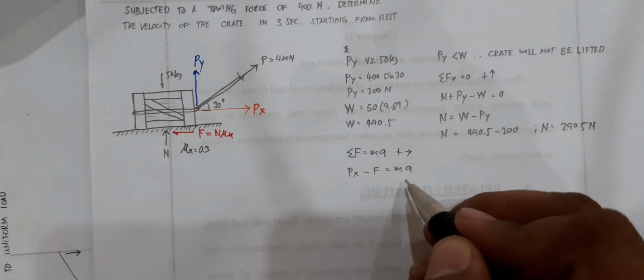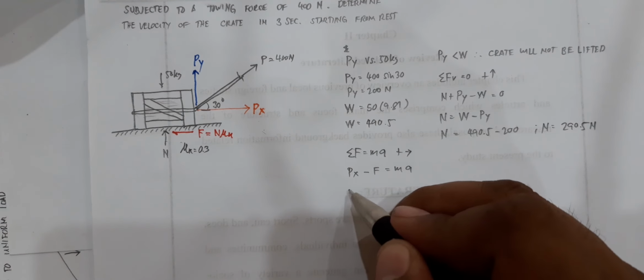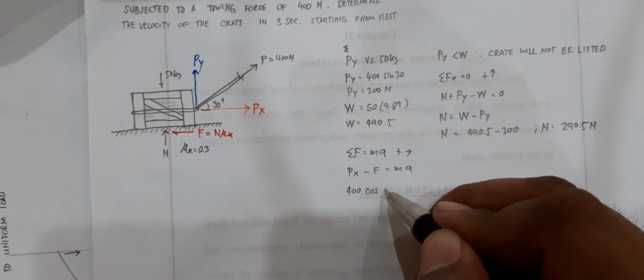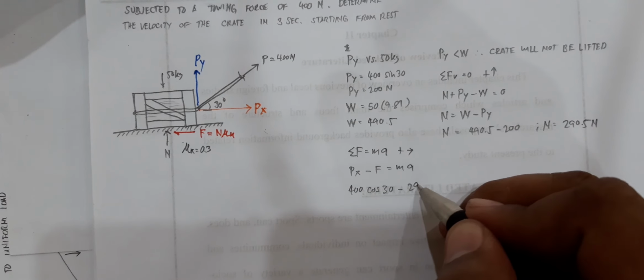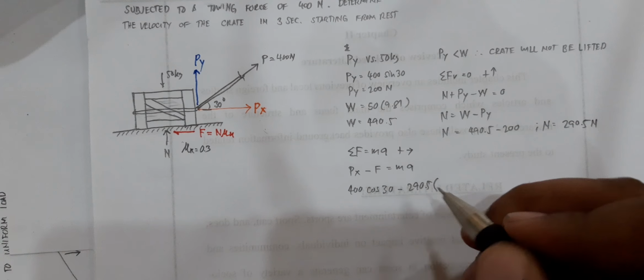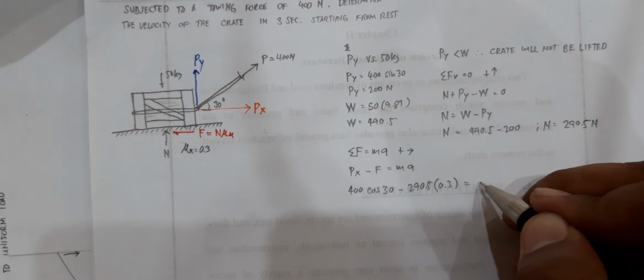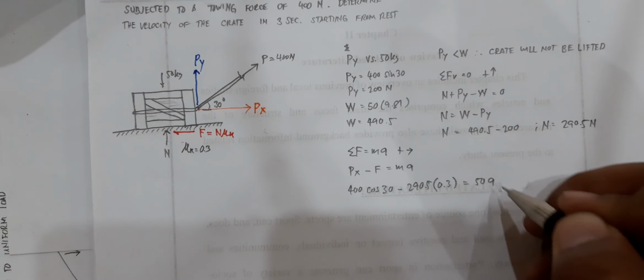Okay, so again, calculating for A, you have here Px, that is 400 times the cosine of 30 minus F. F is equal to the normal force, that is 290.5 times the coefficient of friction 0.3, is equal to mass, that is 50, times acceleration.